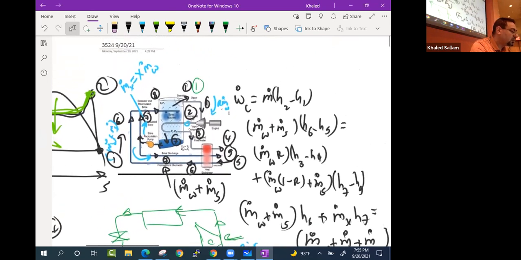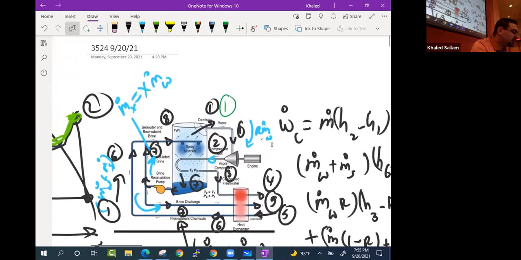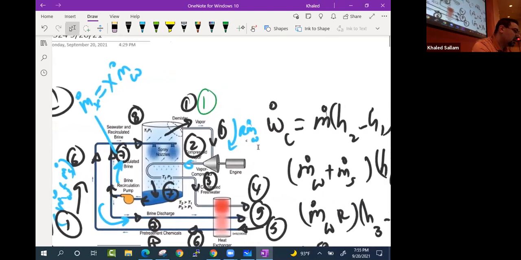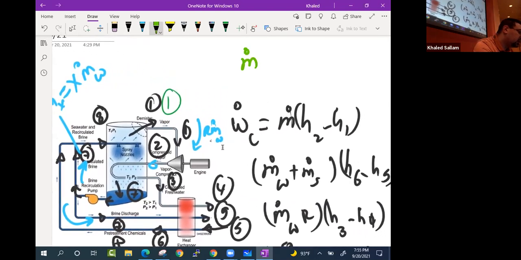Or I could basically just say I know that m dot R m dot water, that's how much vapor is condensing. And he condensed from H2 to H3. That's how much heat he's losing in that chamber.